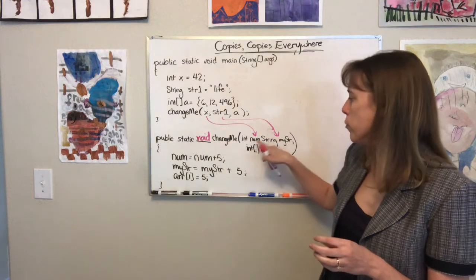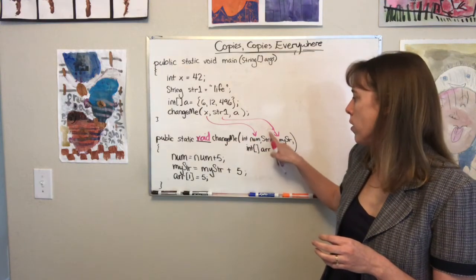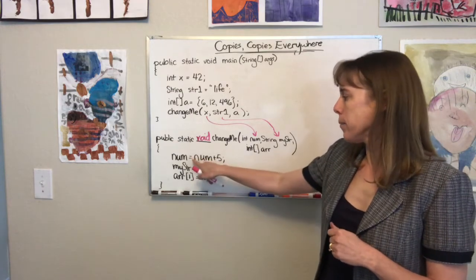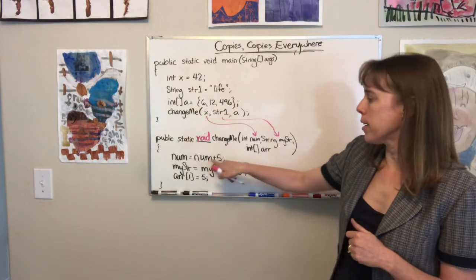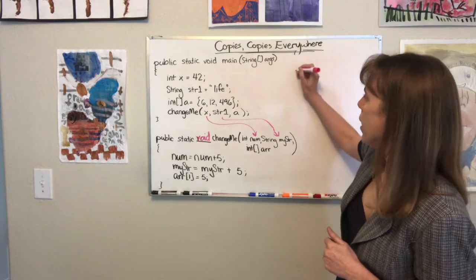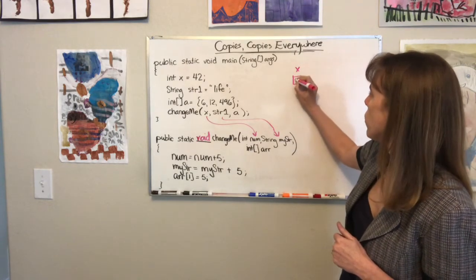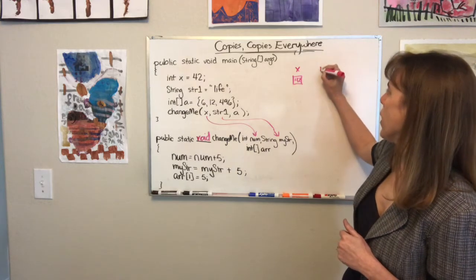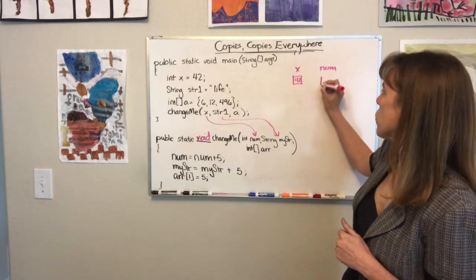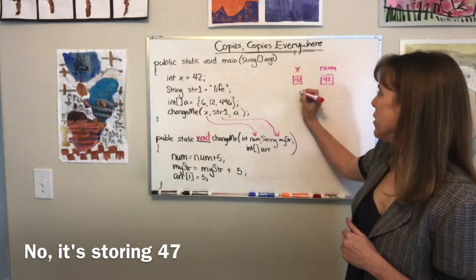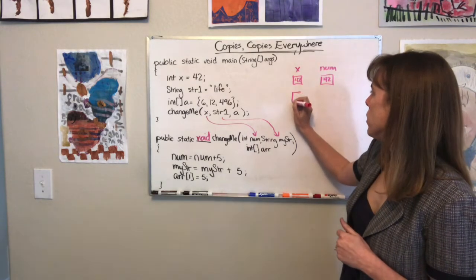So each of these new variables, num, my string, and r, have now been set. Okay, so we go down here, and num becomes num plus 5. Let's just write this down. I had x, and that's storing 42, and now I have num, and that's storing 42. I had string 1.